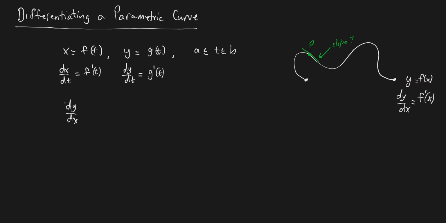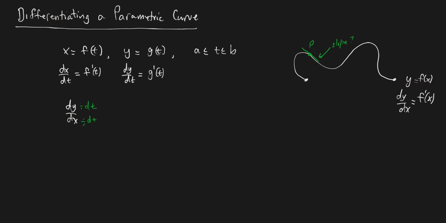So if I were to take this expression and treat it as a fraction, and let's say I divided the numerator by dt, then I would have to divide the denominator also by dt.